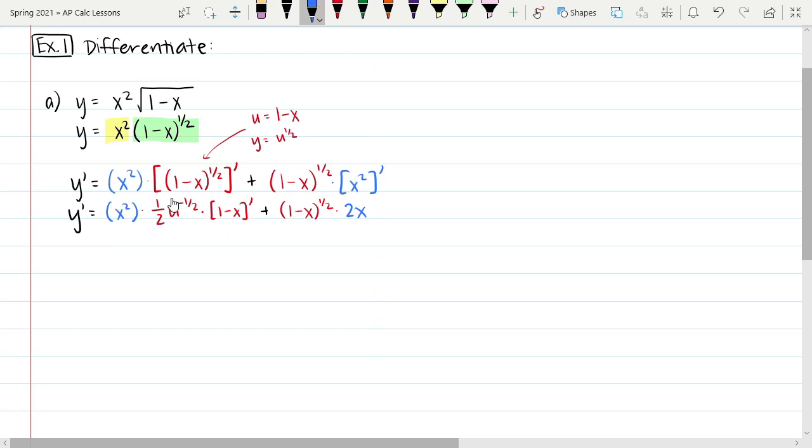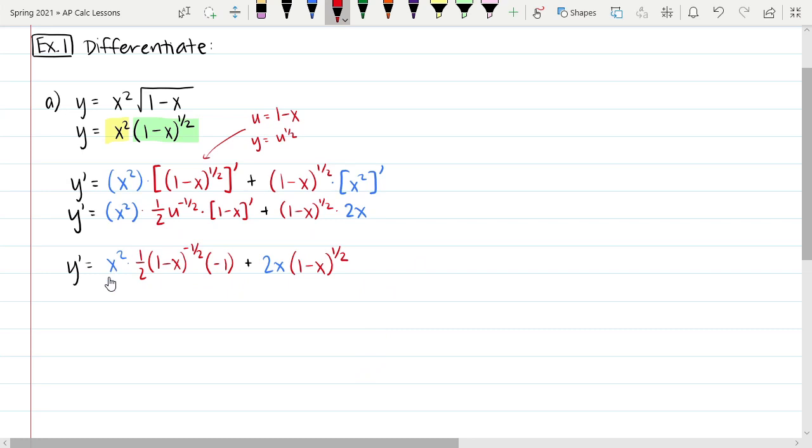Let's go ahead and finish off this chain rule that we were doing here in the beginning. So I've got y prime equals x squared times, and that's going to be 1/2 times, now I'm going to replace that u with (1 minus x) to the negative 1/2 power times the derivative of 1 minus x, which is going to be 0 minus 1, or just negative 1. And then again, we've got plus. I'm going to move this 2x in front, since that's a more conventional way for us to write that expression.